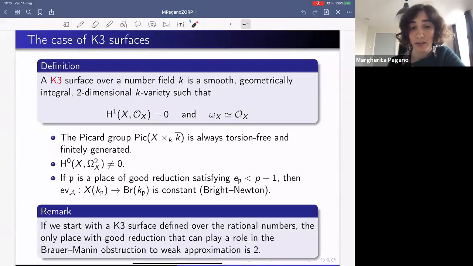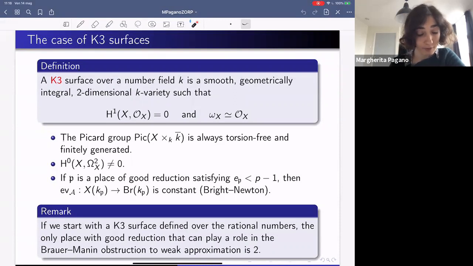The first one is that it can be proven that the Picard group of a K3 surface over the algebraic closure is always torsion-free and finitely generated. And the second fact is that there is always at least one non-trivial 2-form on X.